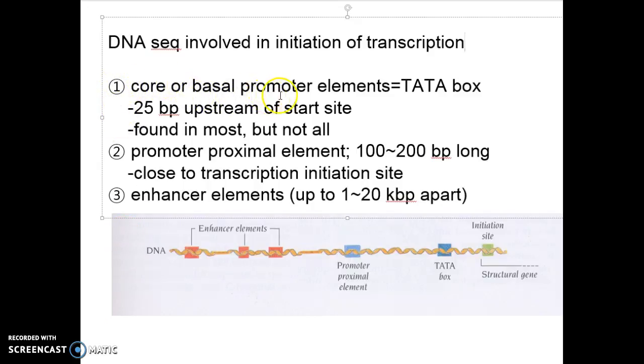First, the core basal promoter element, called the TATA box, positioned 25 base pairs upstream of the start site.